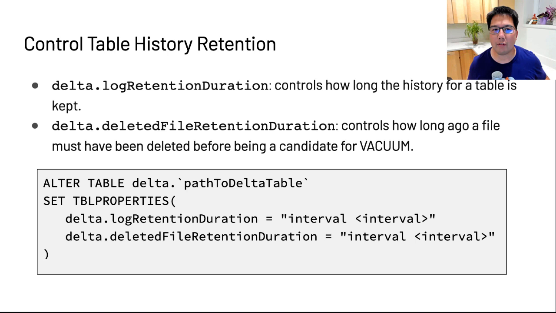So if the files are older than 7 days, then the vacuum will clear them. Perhaps you want to change that default from 7 days to another value, depending on how much storage you have to work with. So this is an important aspect, so that you can easily maintain the size and ultimately the cost of your Delta Lake.